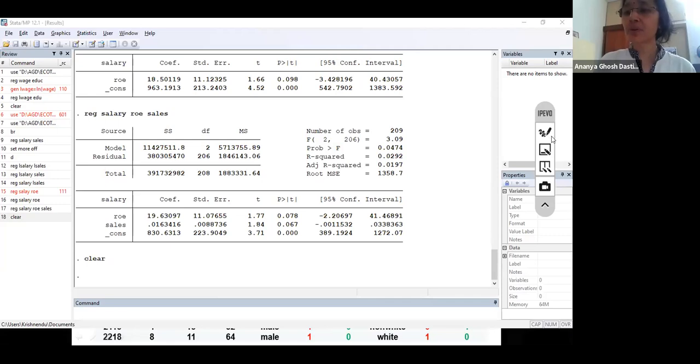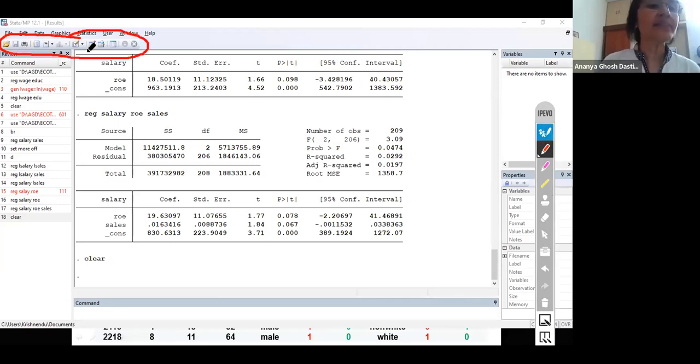So this is the Stata data editor, the one with a little pencil on it. And the other one, which has a magnifying glass, is the browser. The magnifying glass, the one I'm now circling, is the browser. We don't paste the data on that. It's just for viewing. It's just to browse, not to paste.